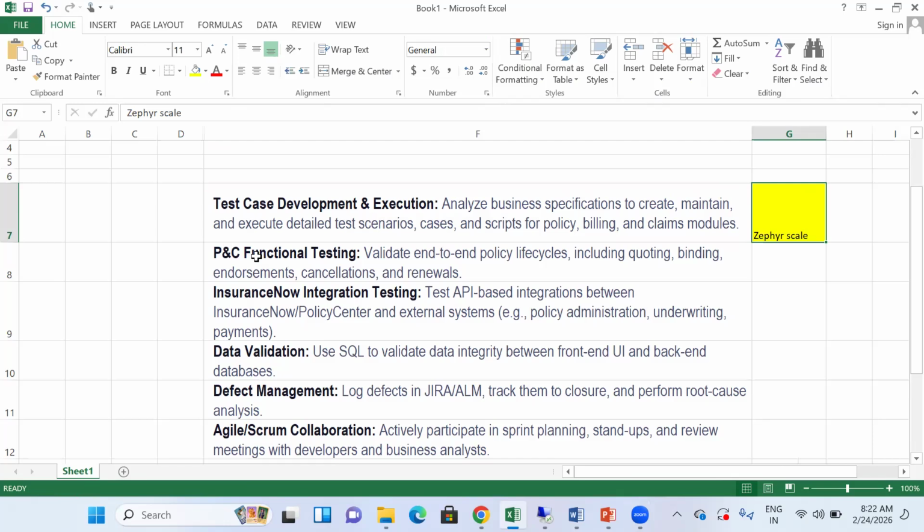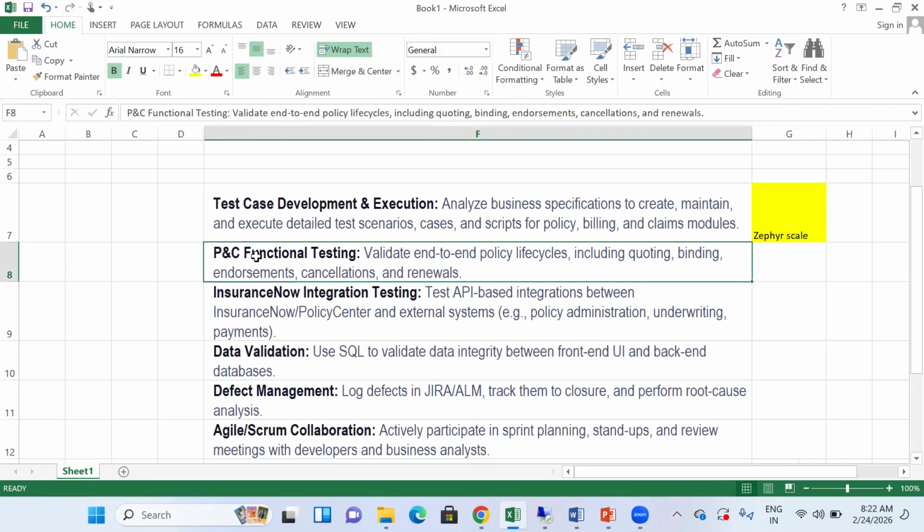Second, PNC functional testing, because in a Guidewire functional testing role, we must be validating the end-to-end policy lifecycle. Just now I told you, when we created a policy submission, or any cancellations, that end-to-end validation of the policy lifecycle is required.